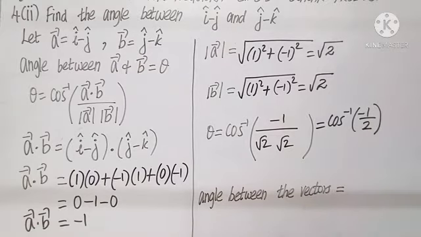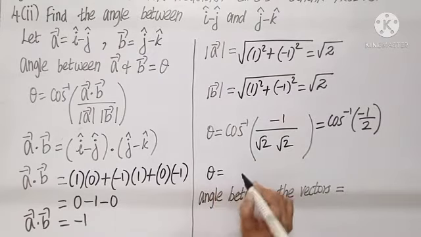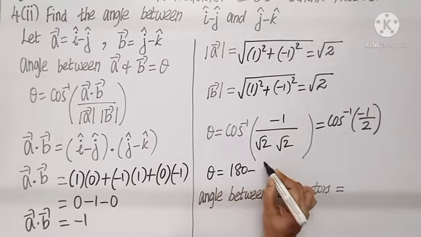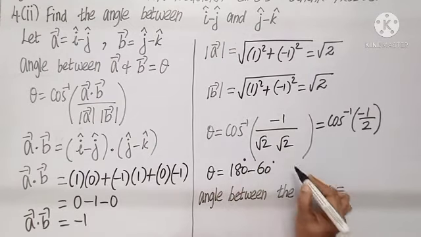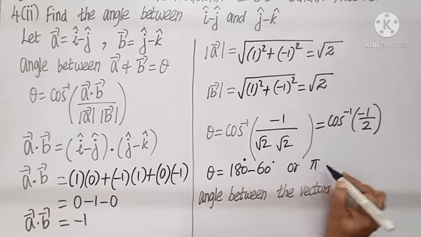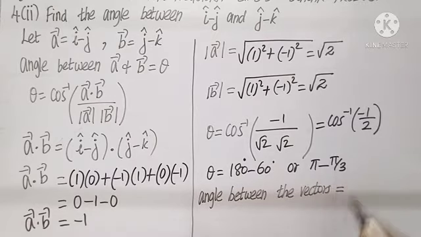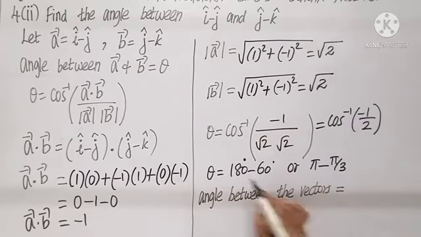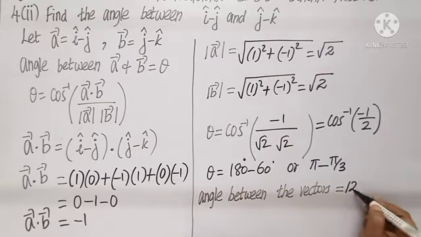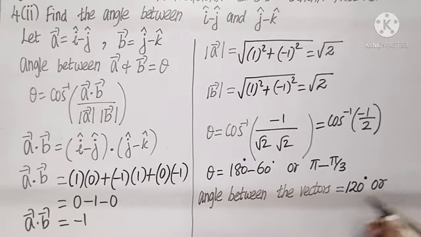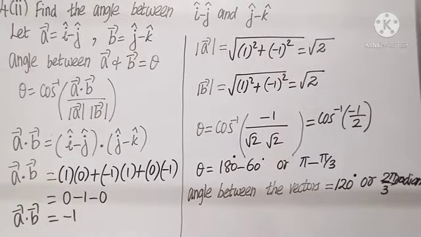Negative symbol tells it is in the second quadrant. So theta equals 180 minus 60 degrees, or I will say pi minus pi by 3. So I can say 180 minus 60, it is 120 degrees, or pi minus pi by 3 tells us 3 pi minus pi, which is 2 pi by 3 radians.